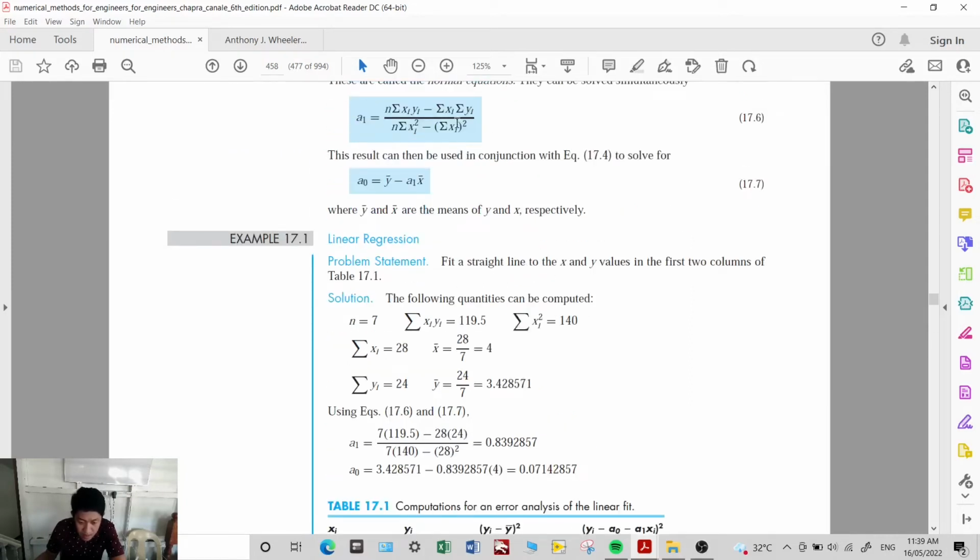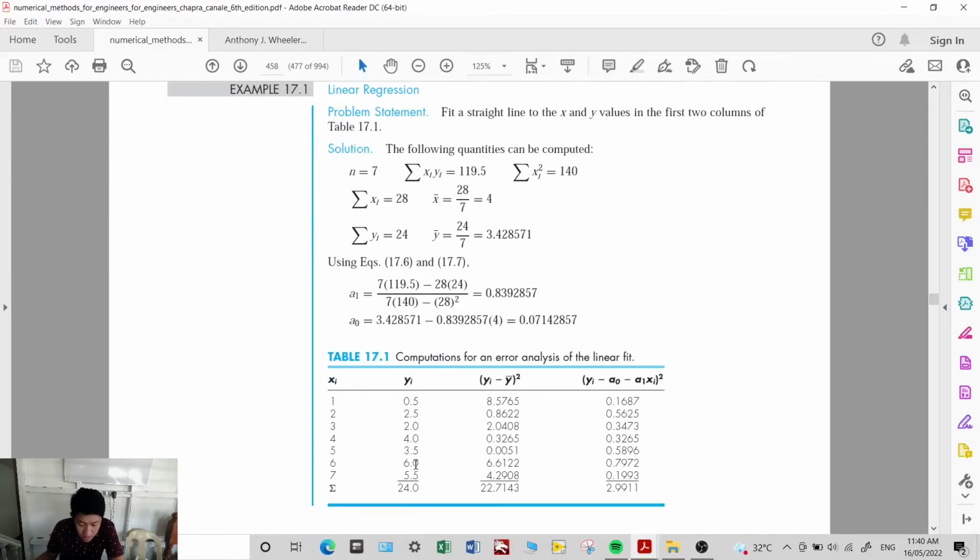Or in other words, we will actually get all these parameters needed: summation of xi yi, summation of xi, summation of yi, the sum of the squares of x. We will not demonstrate that one because it is straightforward.